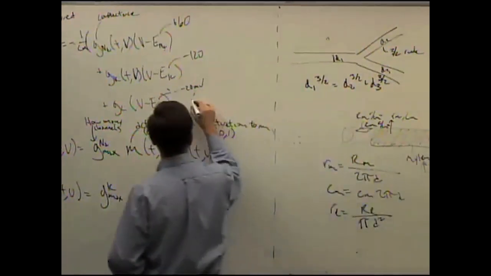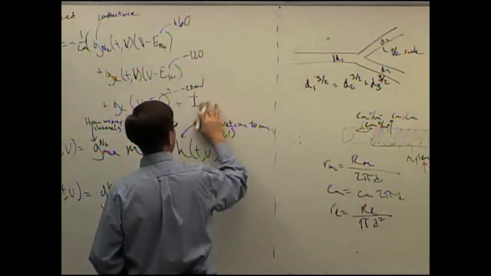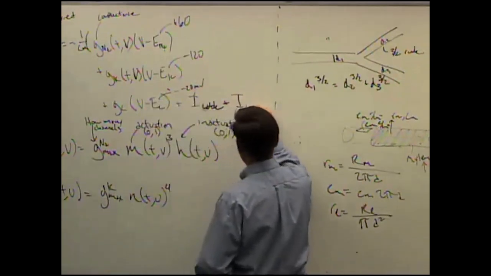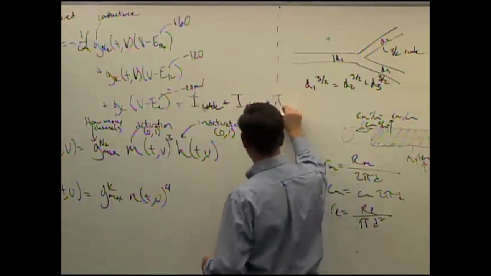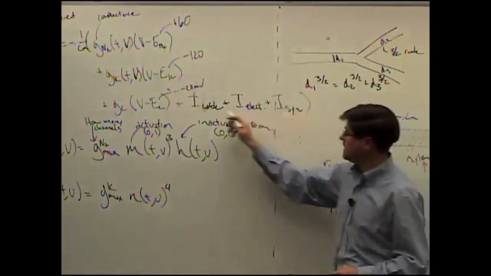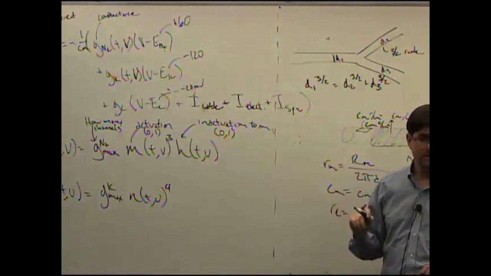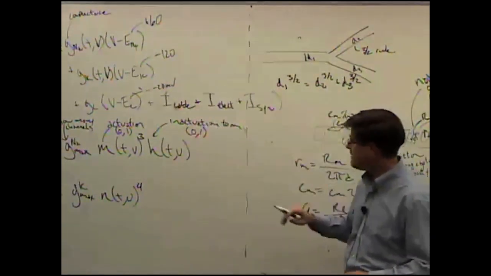So this is called I cable. We can talk about I electrode, so current coming in directly from the electrode, and current coming in from a synapse. And we are going to explicitly add these things into the next homeworks. So we're going to add in a cable, electrodes, and synapses. I forget the exact order.